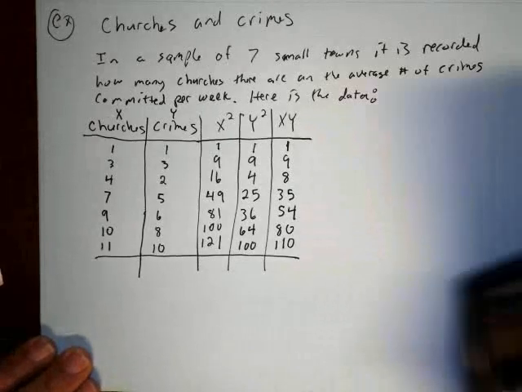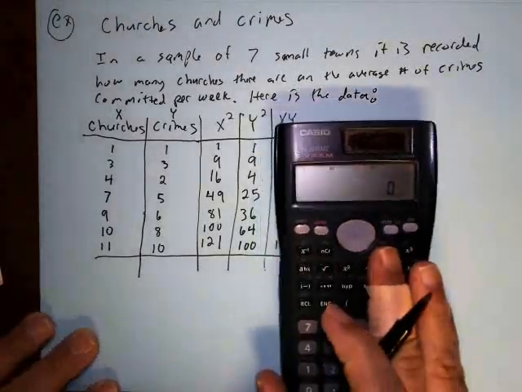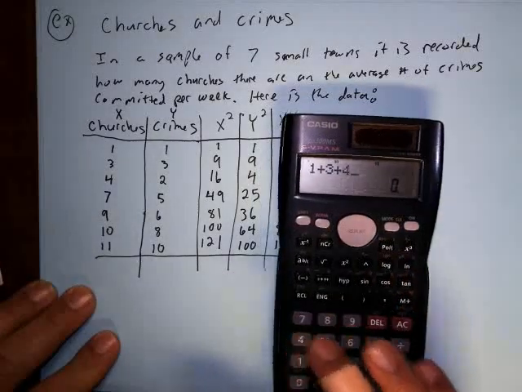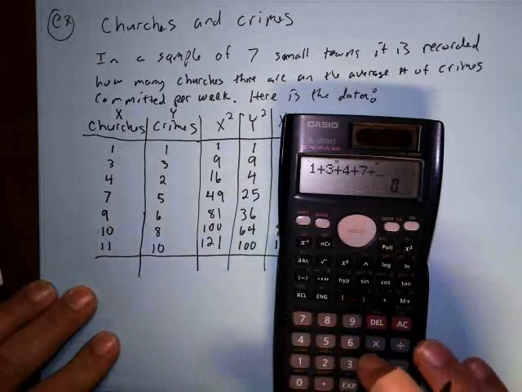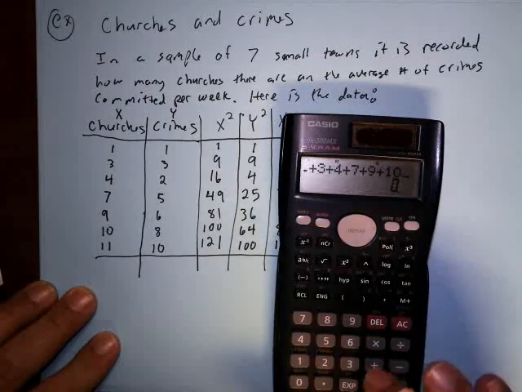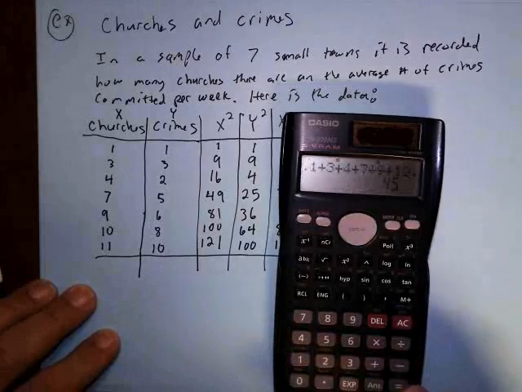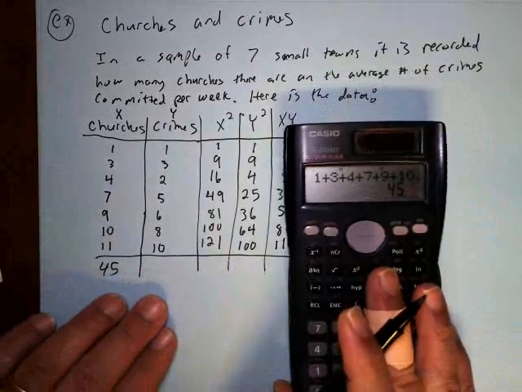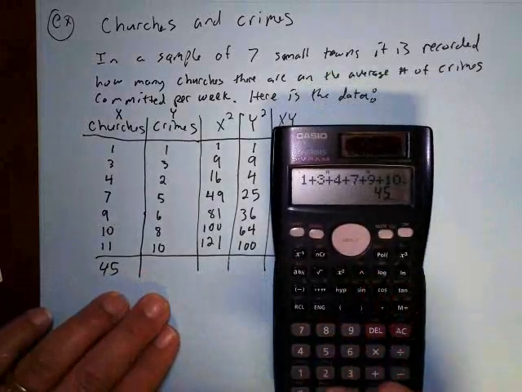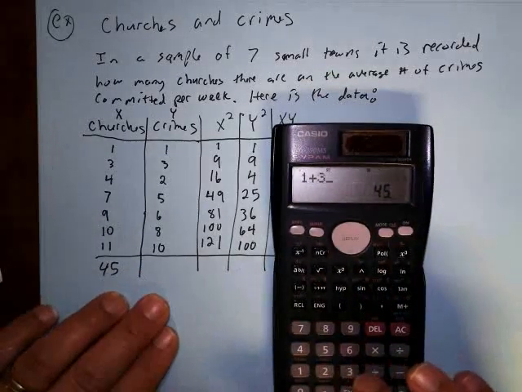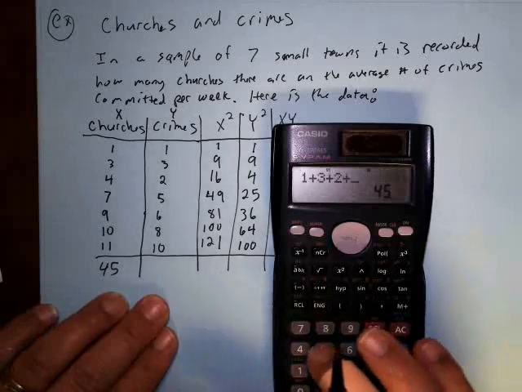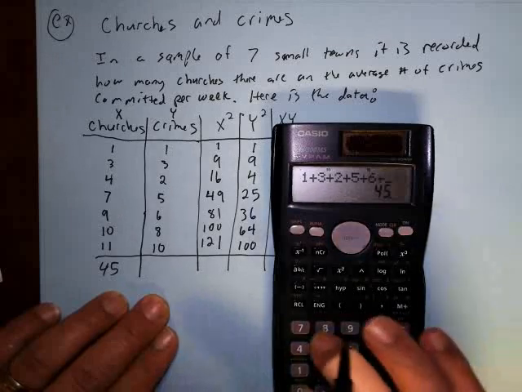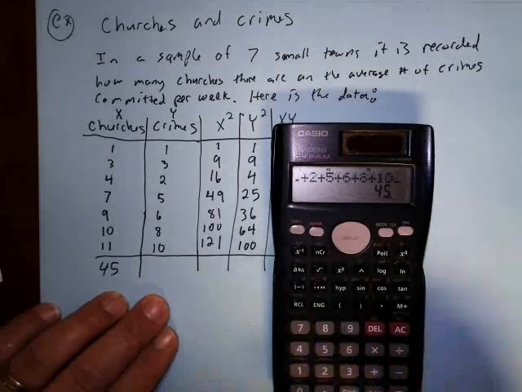Okay, so now I got to get these sums, which I haven't done yet, so I'm going to do it on my calculator. 1 plus 3 plus 4 plus 7 plus 9 plus 10 plus 11. So I get 45 here. And the crimes, let's see, 1 plus 3 plus 2 plus 5 plus 6 plus 8 plus 10.